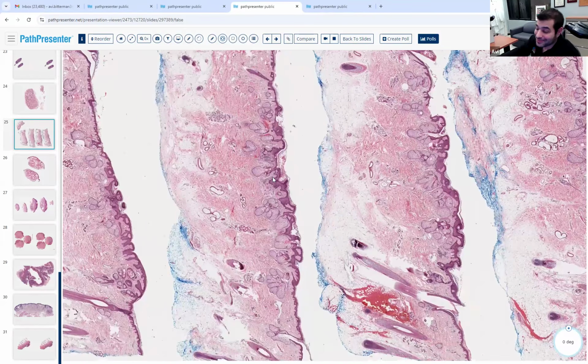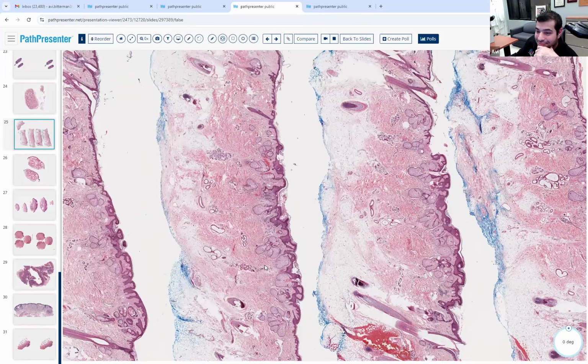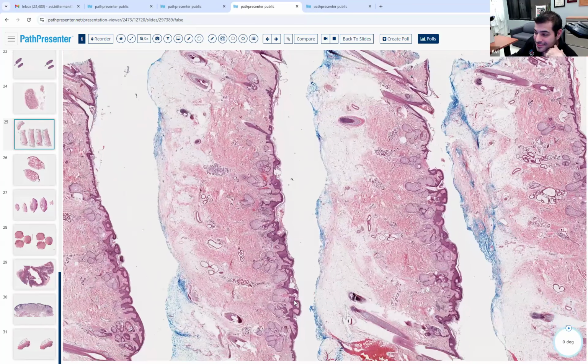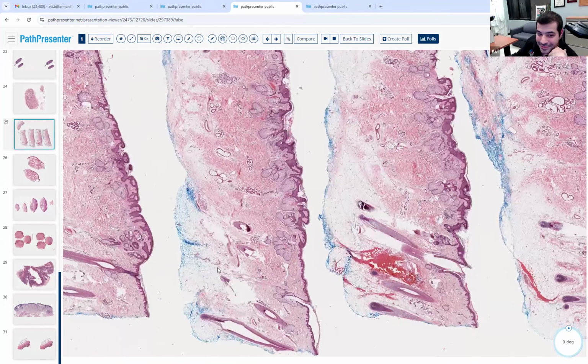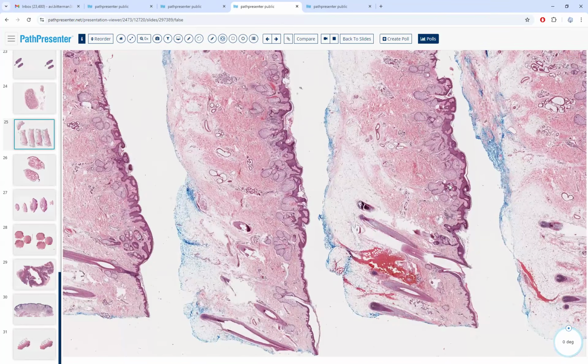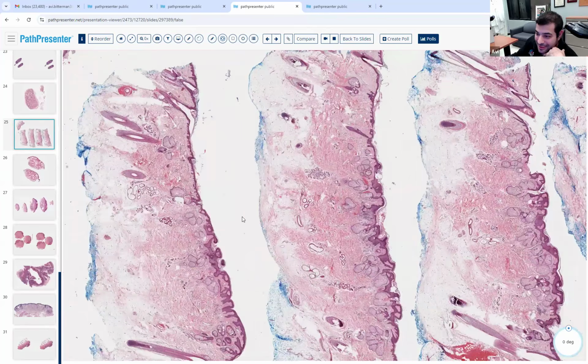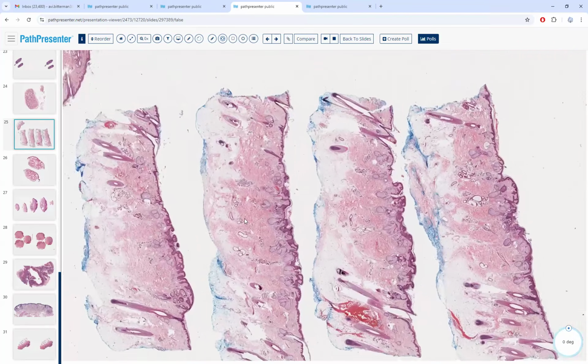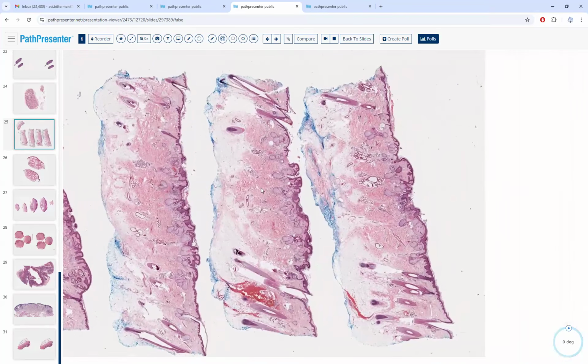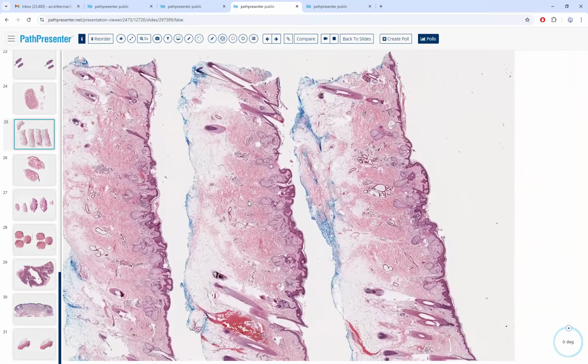All right, what about this one? It kind of just looks like normal scalp. Okay, it is scalp. What's going on with the scalp? I mean, we see a lot of sebaceous glands, I guess more so than you would normally see.